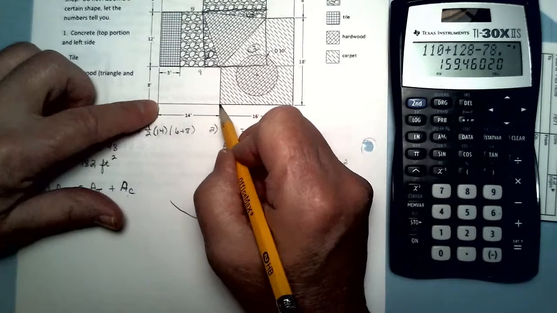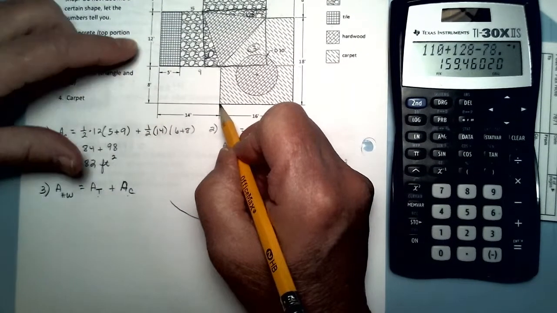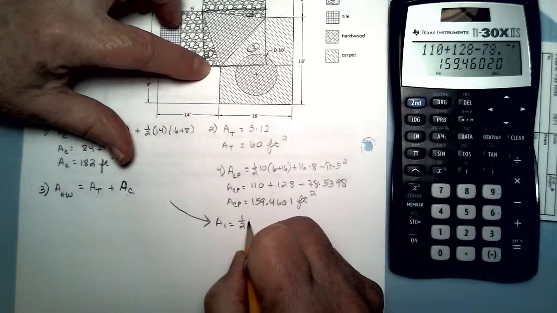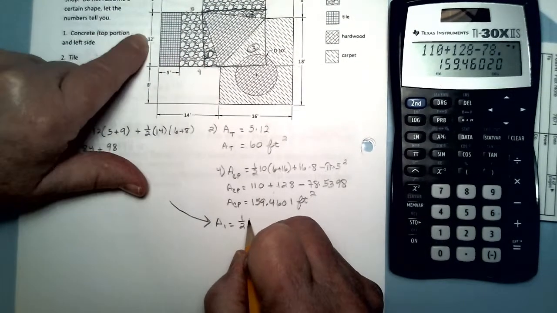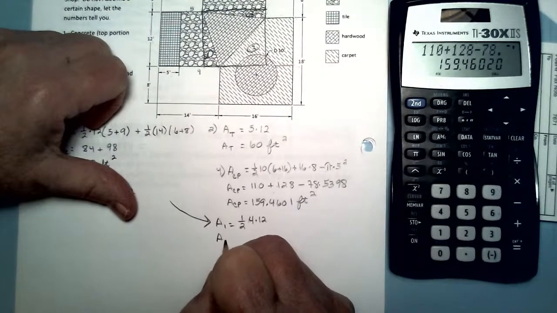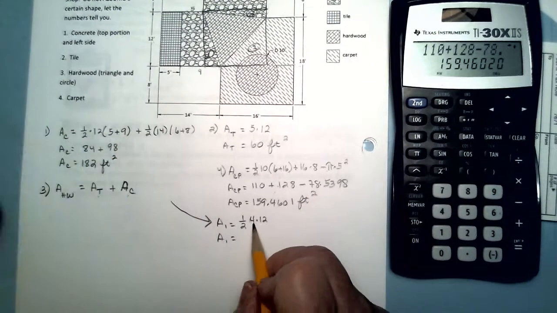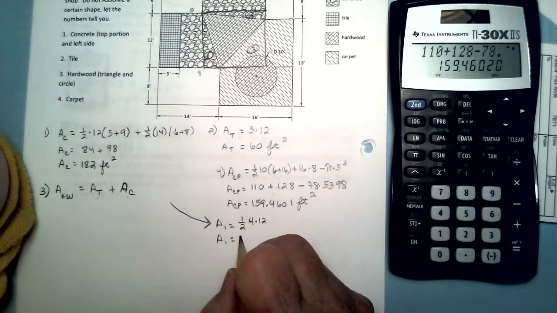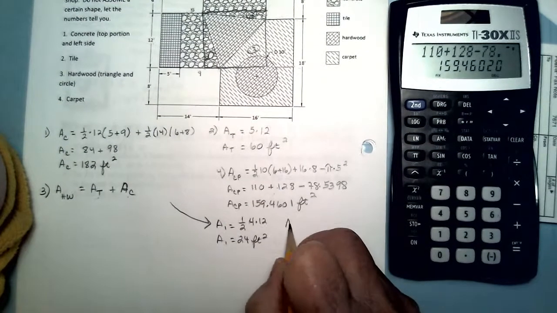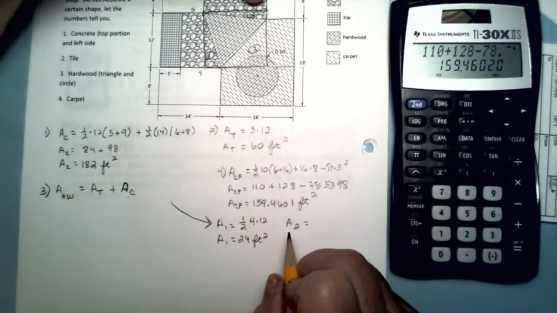Well, from here to here is 14, and from here to here is 10, so he's 4. So that's my base and height, 4 and 12. Half of 4 is 2, and 2 times 12 is 24. It's 24 square feet.